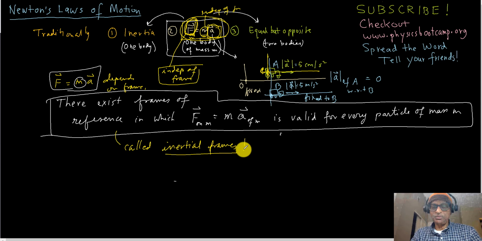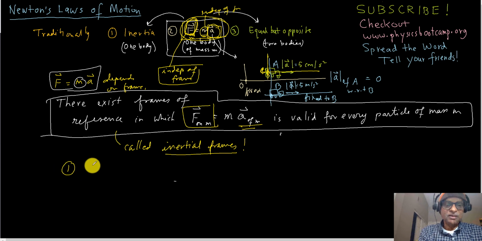One of the characteristics of these frames is, how do I find these frames? Well, let's look at what the consequences will be in this frame first. One of the consequences will be, if there is no force, then there will be no acceleration.